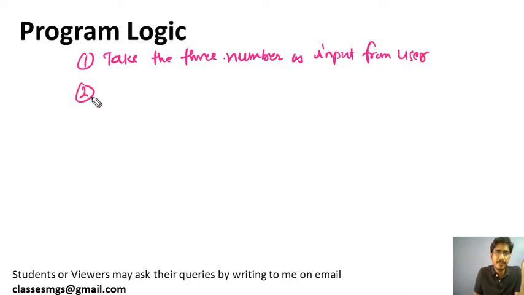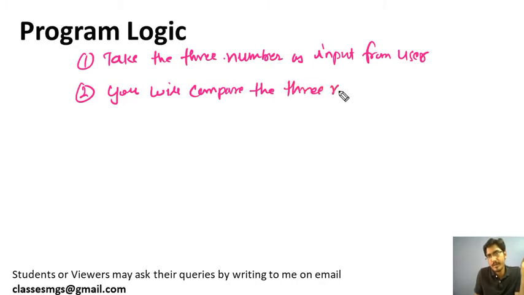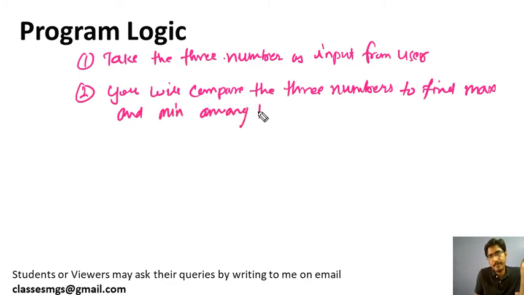Then in the second step you will compare the three numbers to find the maximum and minimum among them using if else comparisons.